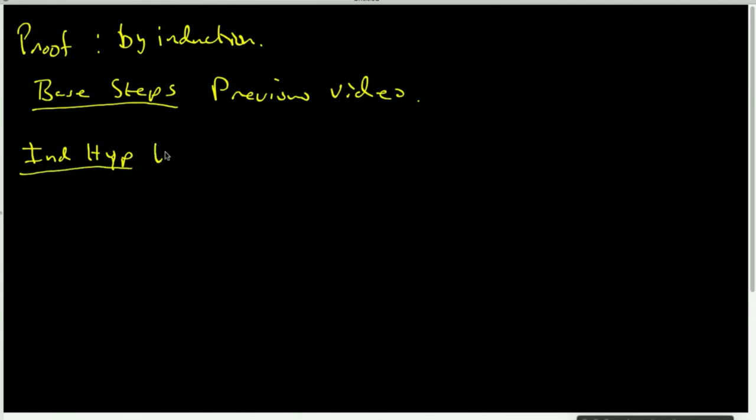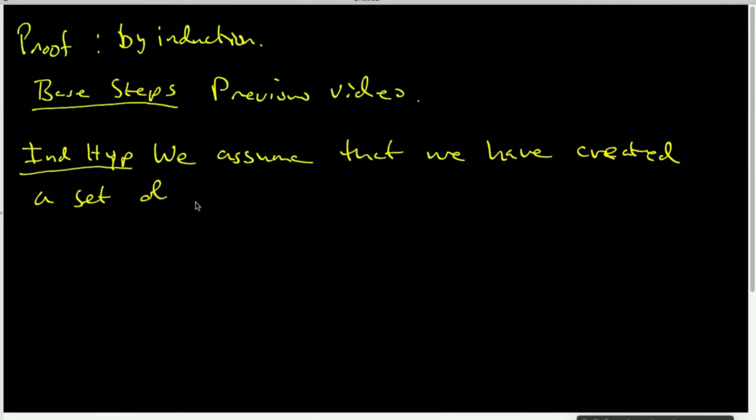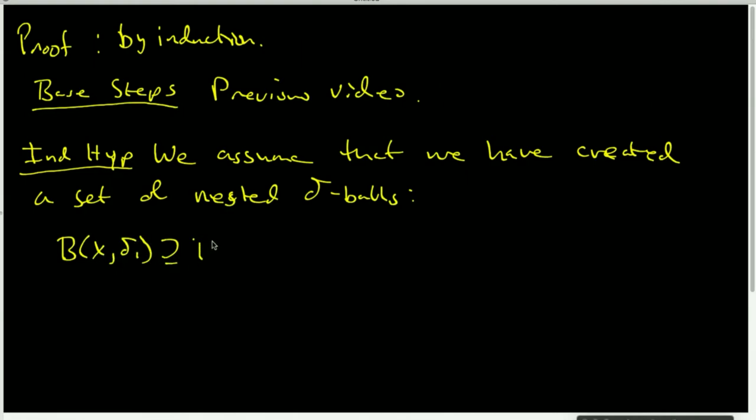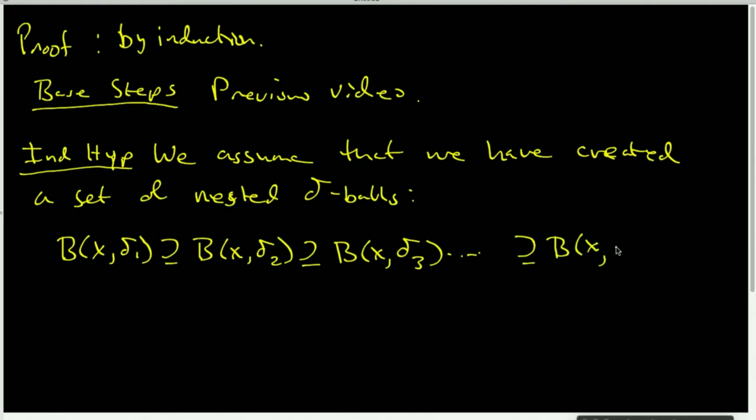For the hypothesis, we are going to assume that we have created a set of nested delta balls, and these are going to look like my initial delta ball, which contains the next delta ball, which contains the next delta ball, all the way up to the last delta ball that we currently have, which is our kth delta ball, the ball centered at X of radius delta k.